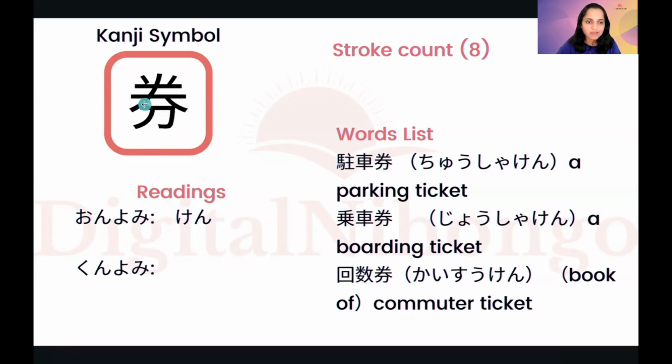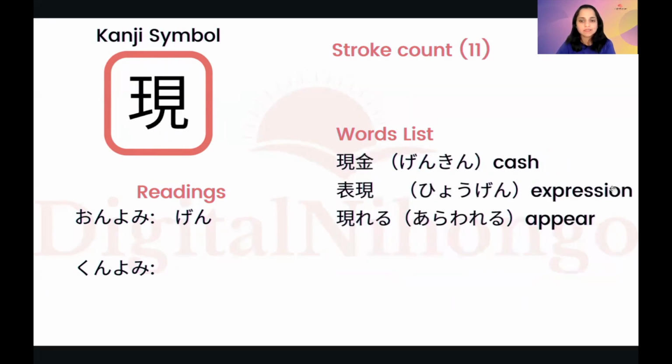Now you can see that this part is something similar to the kanji of un or fun. It's looking like that. This stroke is different. Next one is gen. Gen is actually in the context of original. Okay. Genkin, cash, real money. Yogen, expression.